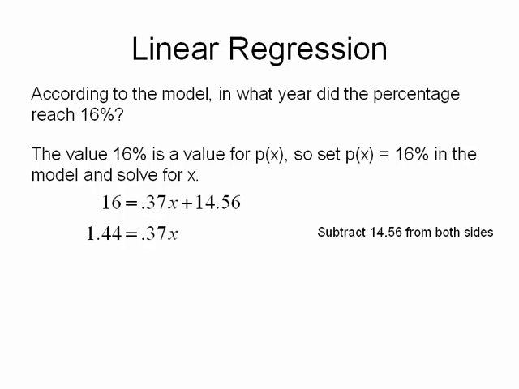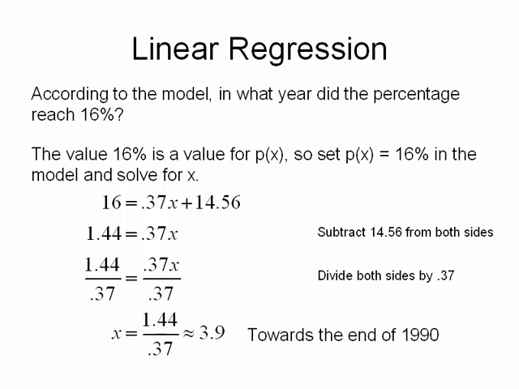If I subtract 14.56 from both sides, that leaves 1.44 equals 0.37x. Dividing both sides by 0.37, x is equal to 1.44 divided by 0.37, which is approximately 3.9. Remembering that x was the years since 1987, that means toward the end of 1990.